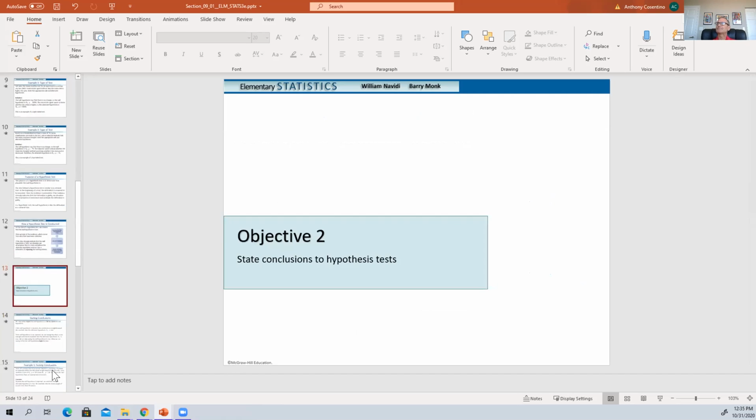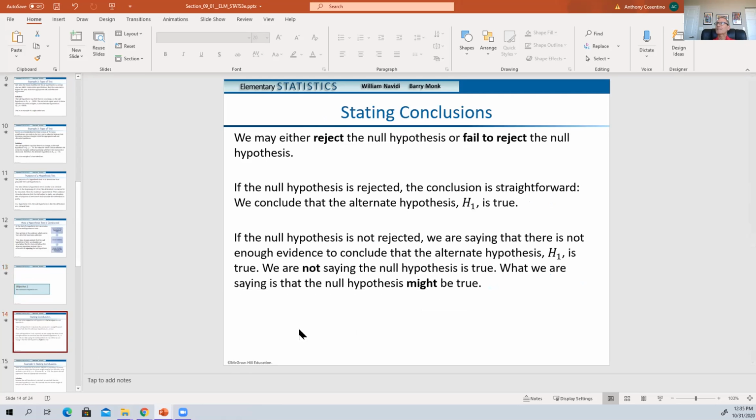This is important though: you either reject, but you don't accept if the test doesn't give you the rejection conclusion that you're hoping for. It's that you fail to reject, or sometimes I've seen some books say do not reject.